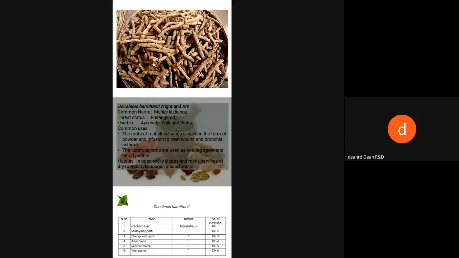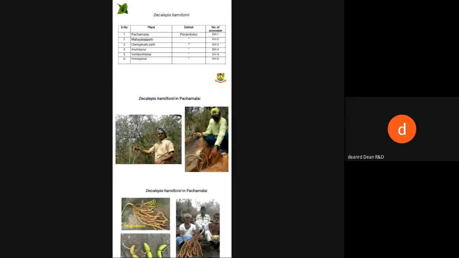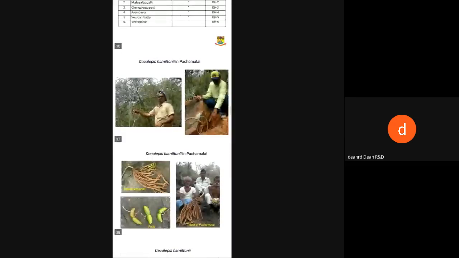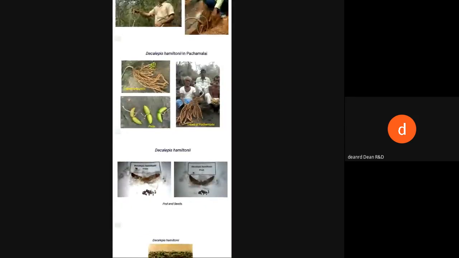In the root, we can see the roots are compressed between two rocky crevices. That is how it has to be extracted. The nearby tribes helped us to collect.